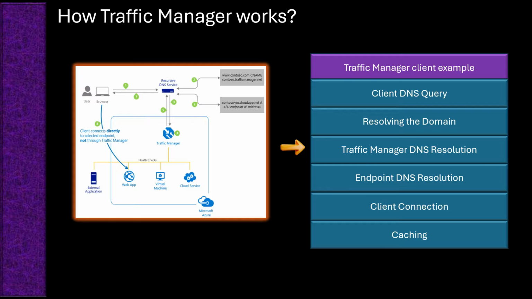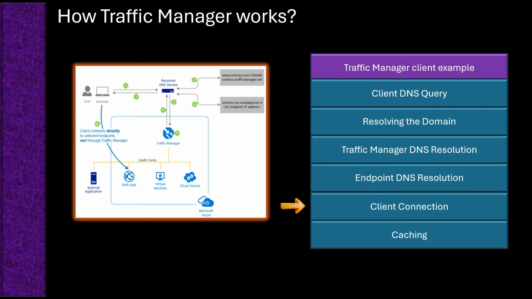Traffic Manager responds with another CNAME record pointing to this endpoint. The recursive DNS service now resolves contoso-eu.cloudapp.net by contacting its DNS servers, which provide an A record with the IP address for the EU-based endpoint. The recursive DNS service consolidates all results and returns a single DNS response to the client.